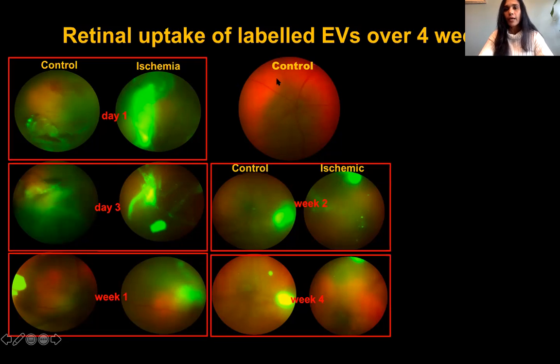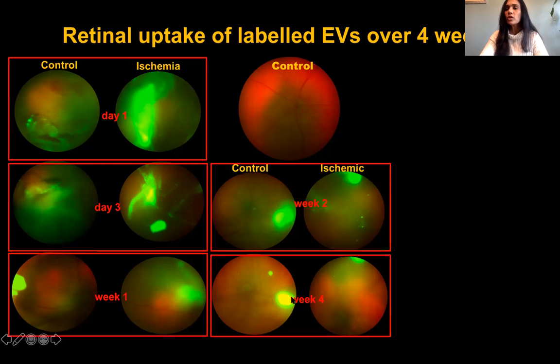This is a control eye, and we used fundus imaging using Micron. On day one, you can see a lot of fluorescent EVs sitting in the vitreous. As time progresses, they traverse into the retina. Even at the end of 4 weeks, you could still see EVs binding to the vitreous.